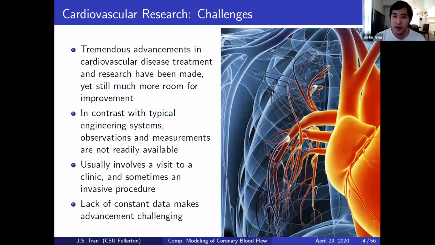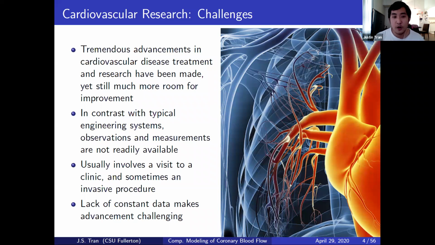If you compare the cardiovascular system in a human body with your typical engineering system, like a car or a building or an airplane, it's really hard to get good observations and good measurements. You can look at yourself just sitting here right now, you don't have any blood vessels that are exposed to air. So if you wanted to measure things like the velocity of the blood, or even blood pressure, it can be tricky to measure.